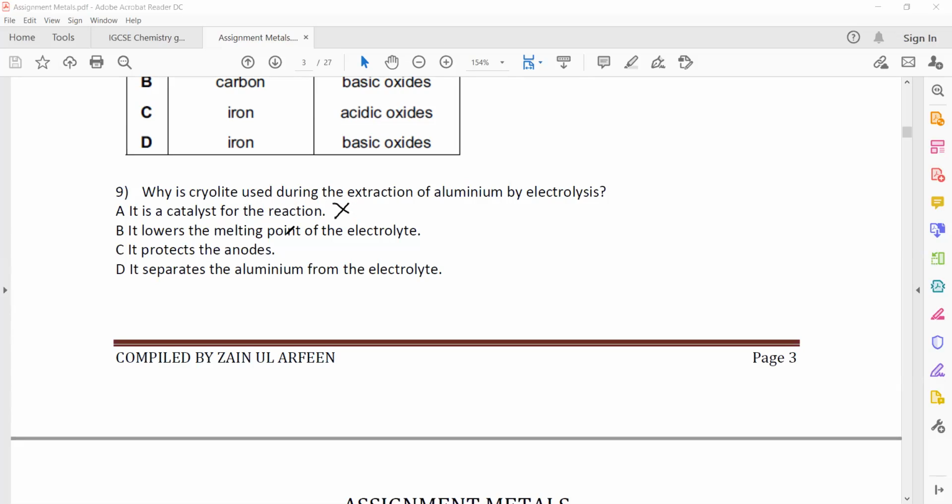Not as a catalyst. It lowers the melting point. It protects, no, it separates. That's also wrong. So B is the right answer.